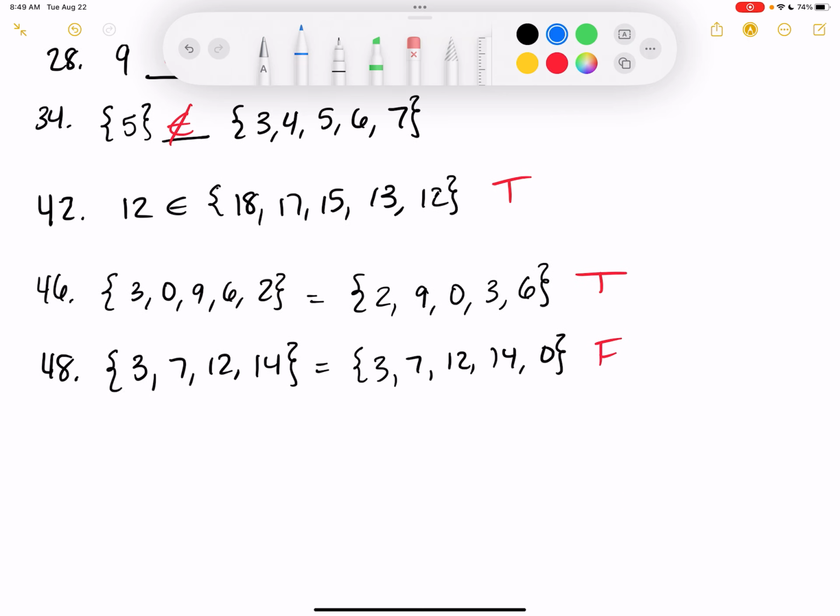So they give us that A is the set 2, 4, 6, 8, 10, 12. B is the set 2, 4, 8, 10.